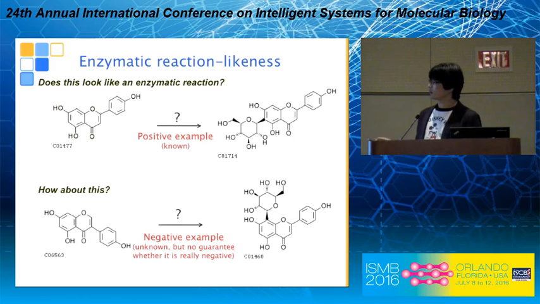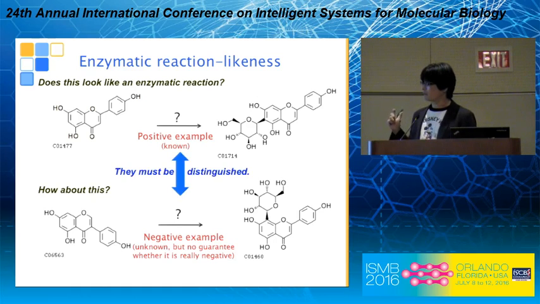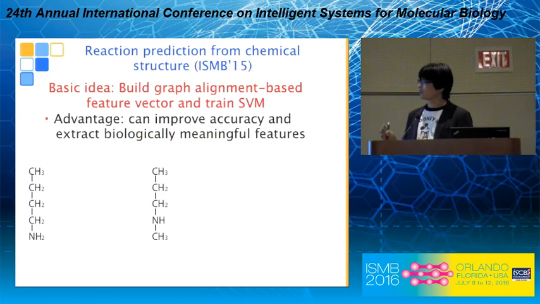All right, so the problem of enzymatic reaction likeness is a concern for de novo pathway reconstruction. And the main problem is to distinguish these positive examples and negative examples. We have been tackling this matter for many years, and the most recent work was presented at ISMB 2015, last year's conference, and that is about reaction prediction from chemical structure.